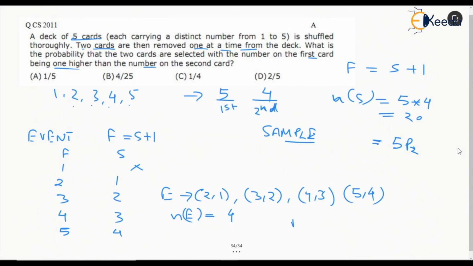So the probability of our event is going to be the number of events by the number of sample space, which is 4 by 20, or it can be 1 by 5. So we have 1 by 5 as option A. This is going to be the answer.